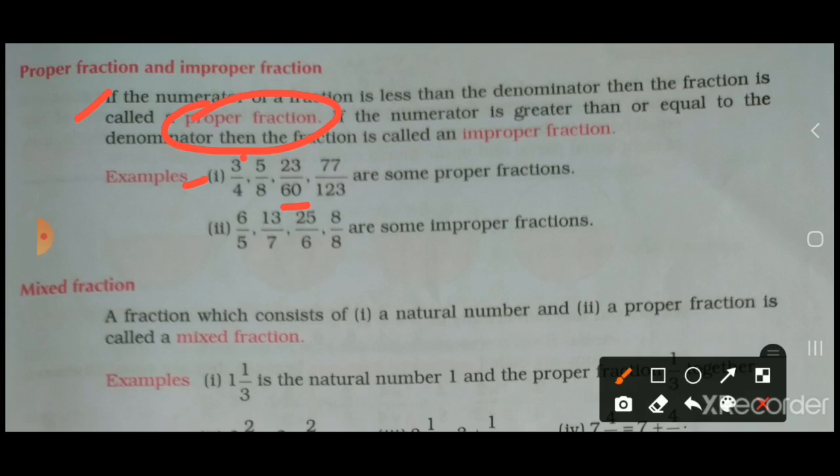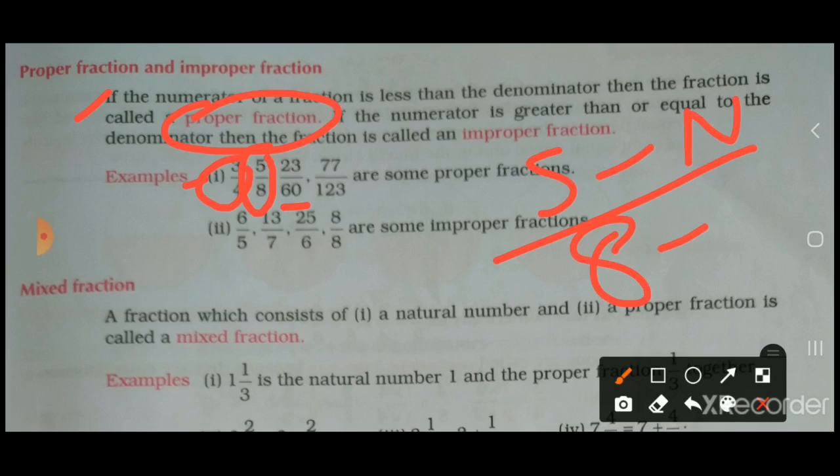In 3 upon 4, numerator is 3 and denominator is 4. Numerator is less than denominator. 3 is less than 4, and in 5 upon 8, numerator 5 is less than denominator 8. These are called proper fractions.